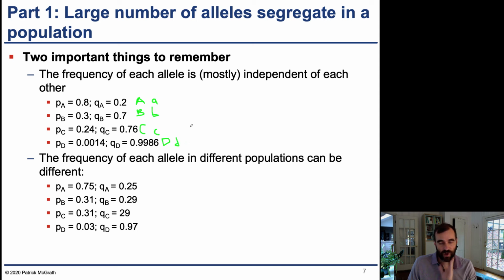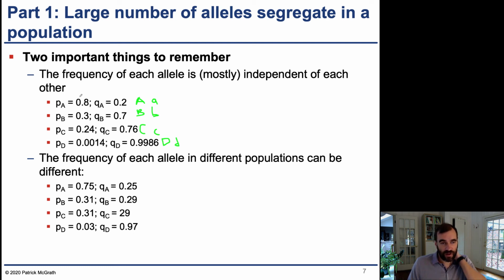So these are 4 different genes. One thing to remember is that the frequency of these are all pretty much independent of each other. There is an exception if they are very close together, but if they're not close together, then you can consider the frequencies completely independent. And by close together, I mean on the order of 1,000 base pairs to 5,000 base pairs apart.